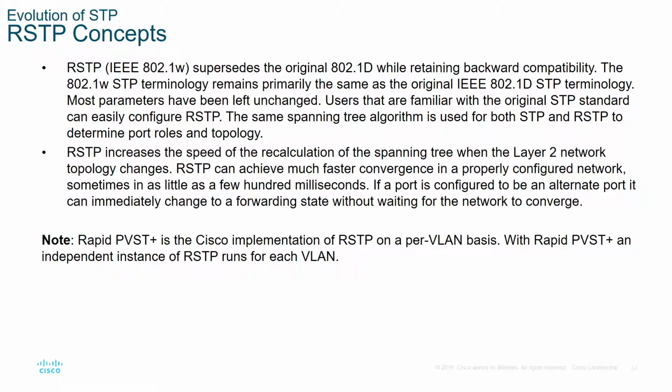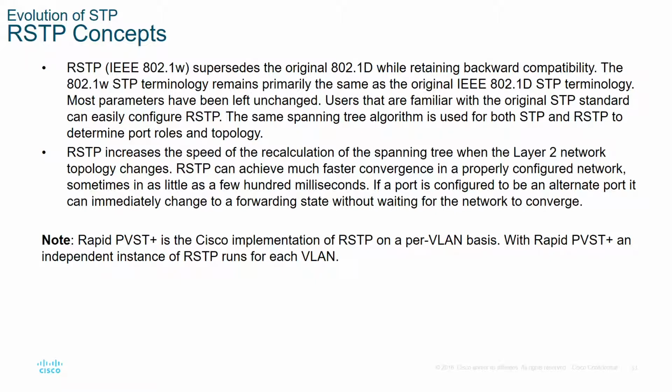So Rapid Spanning Tree Protocol concepts then. RSTP, which is the IEEE 802.1w, essentially supersedes the original 802.1D. So remember with IEEE, when the letters go along the alphabet, then it's a revision to the original protocols, while retaining backwards compatibility.